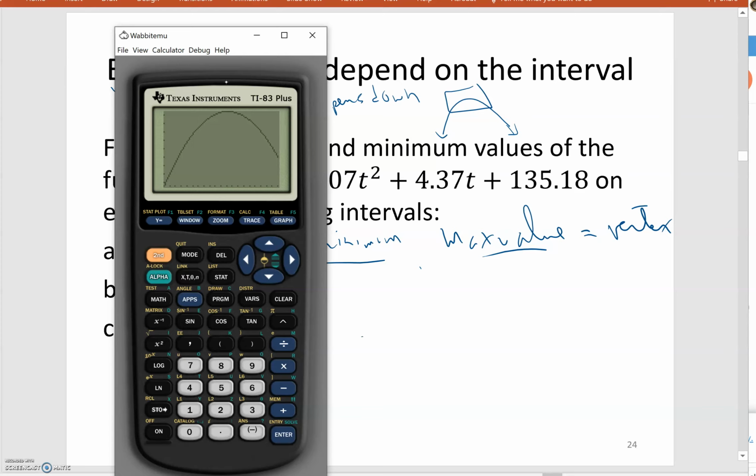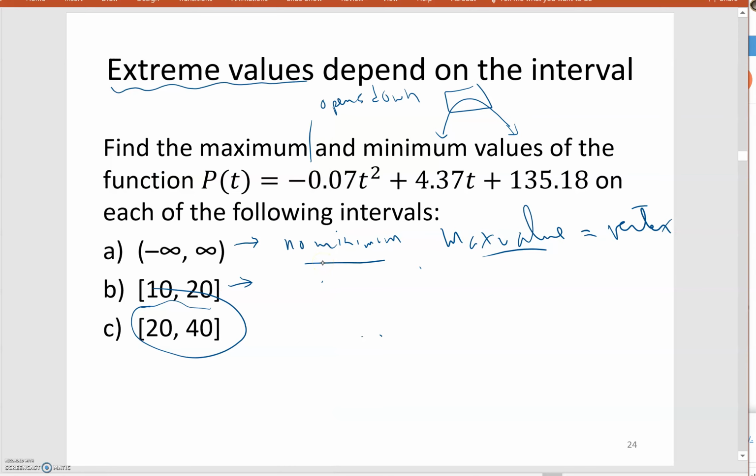The minimum in this case is actually going to be the leftmost endpoint, which is going to be y1 at 20. So it's kind of funny because in here, y1 of 20 was my max, but here, y1 of 20 will be my min. So that's just to give you an idea of how these things can change depending on what interval you're looking at.